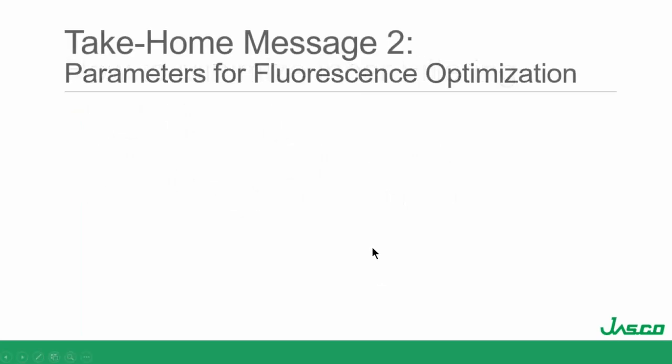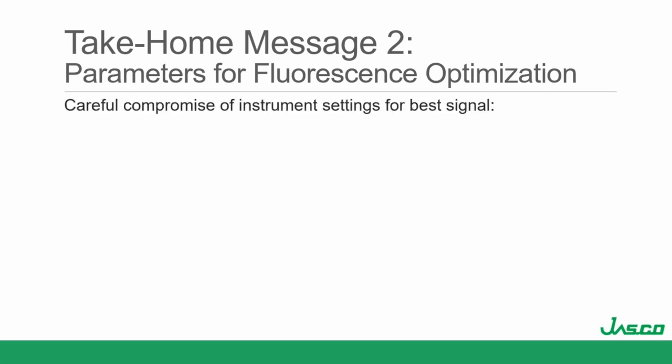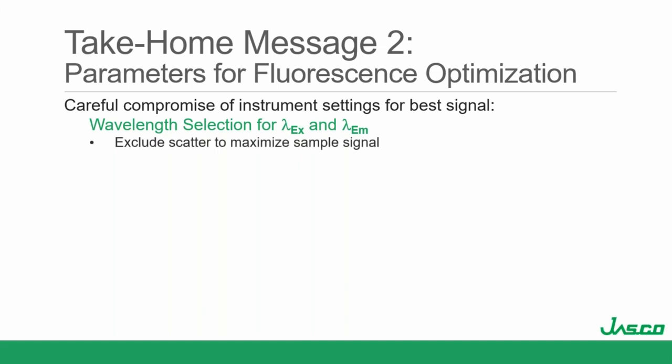So let's close this out with a take-home message, right? Parameters for fluorescence optimization. Hopefully, you realize now that careful compromise of instrument settings are required to get the best signal. We can select wavelengths of excitation and emission, right? Not just use what we see in the literature. Check it out for yourself. Make sure you exclude scatter to maximize the sample signal.